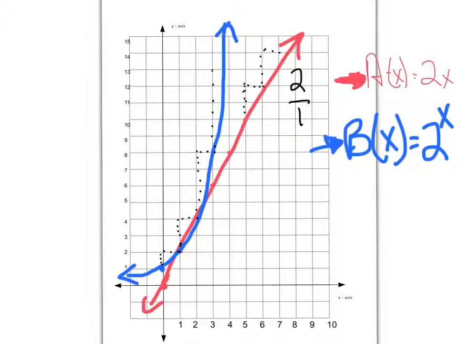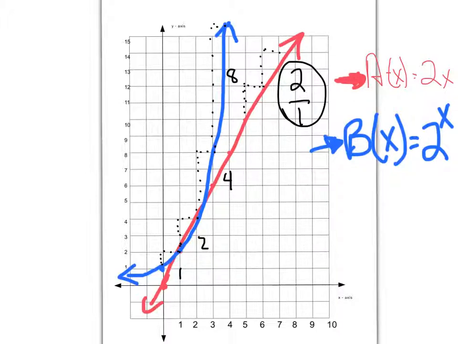And then we get a rise of 8 and a run of 1, for slopes totaling 1, 2, 4, and then 8. So while a linear function such as a of x has a constant slope of 2 over 1, an exponential function does not. The slope of an exponential function changes at every point.